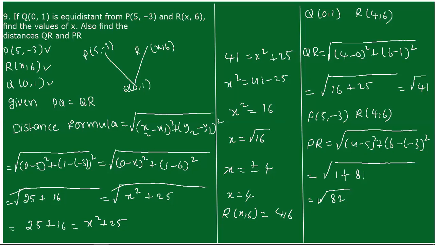So here the x value I have taken plus 4, but we got two values, plus 4 and minus 4. I can take plus 4 and minus 4. Here I took plus 4. Even I can do it with minus 4 also, but I think there's no need. So this is the solution for the ninth one. Now let's do the 10th one also.